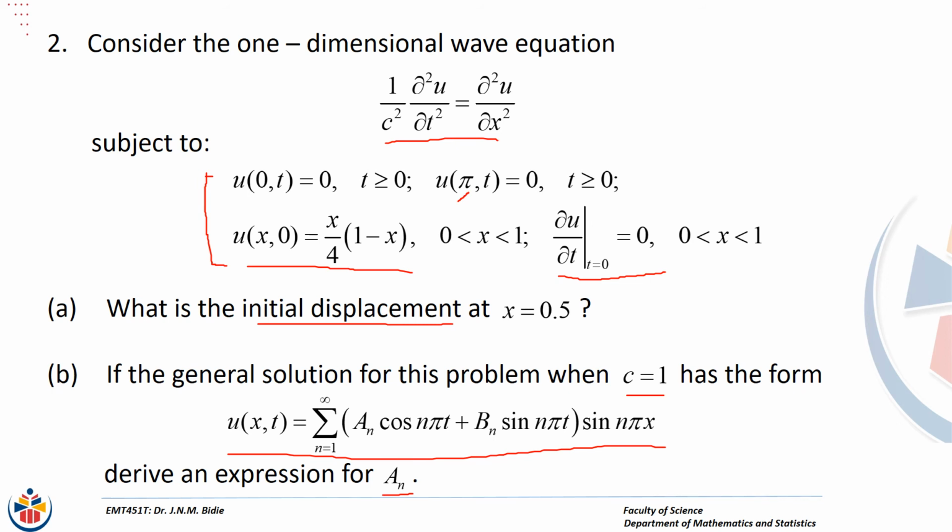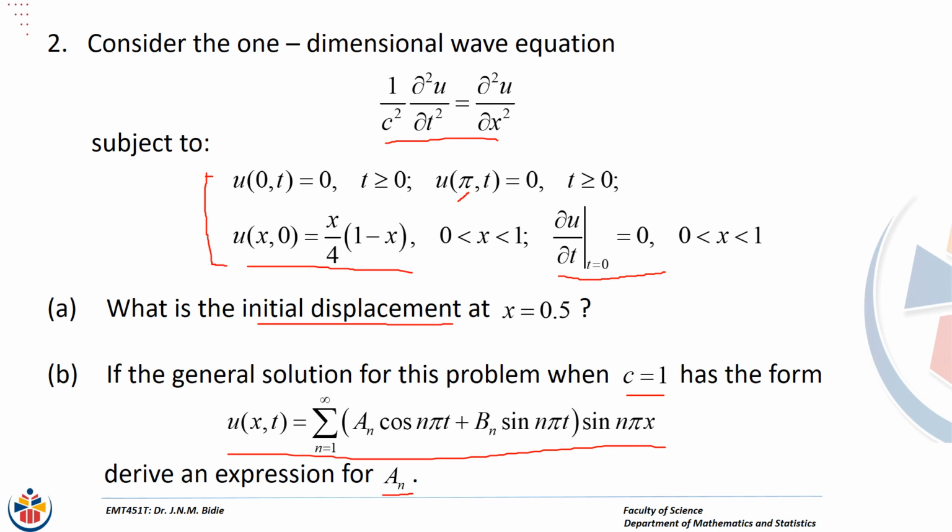We need to check what will work better for us. Are we going to differentiate u and equate it to 0, or are we just going to substitute u of x,0 as it is? Which one is going to work better for us?